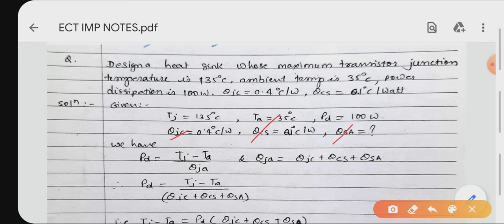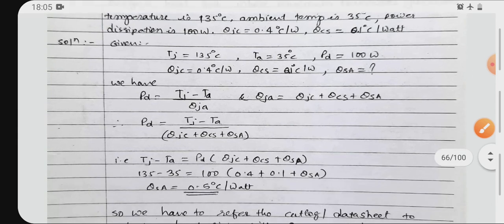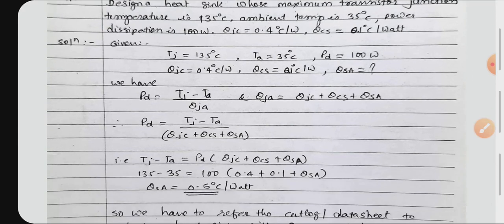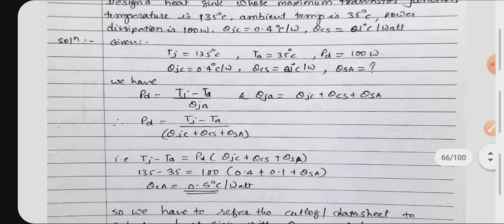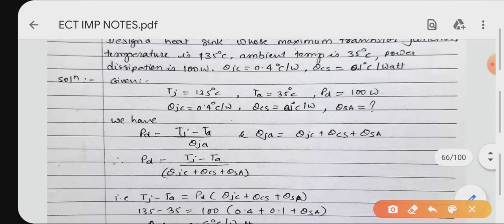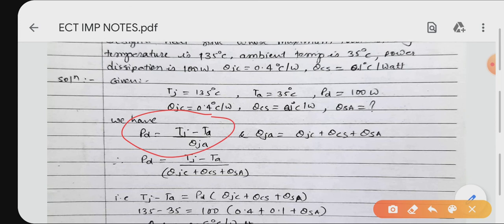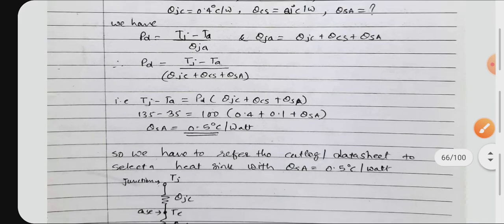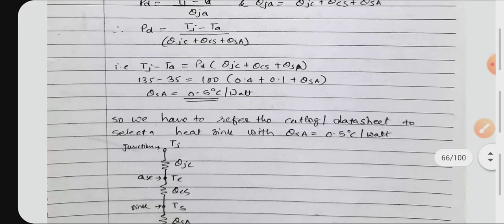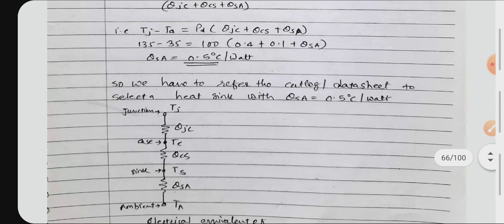Okay, so power dissipation is the difference between two temperatures divided by thermal equivalent. By using this formula, Pd is equal to Tj minus Ta divided by theta Ja, where Tj is nothing but the junction temperature.